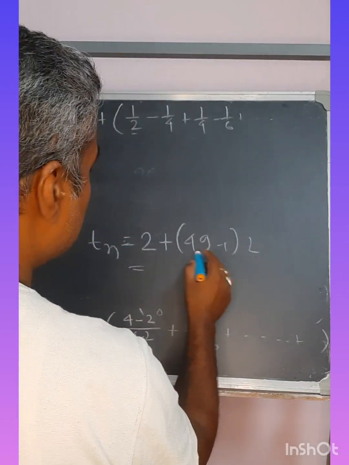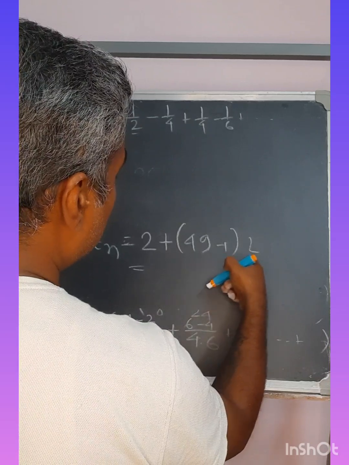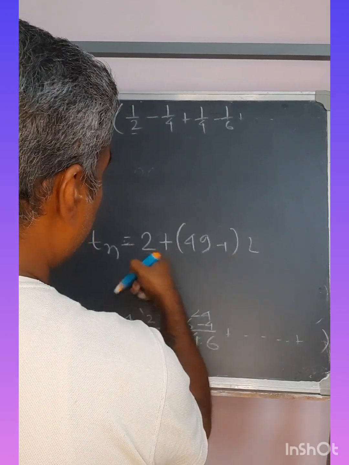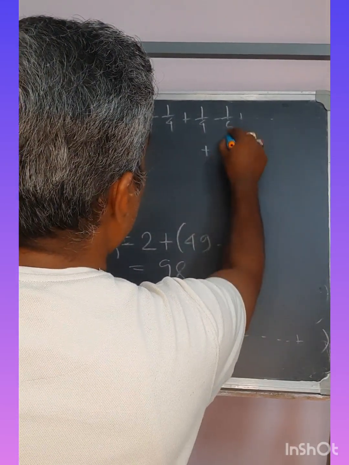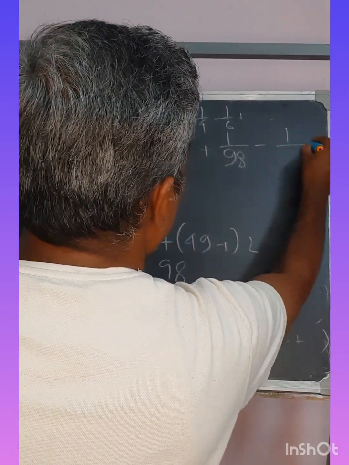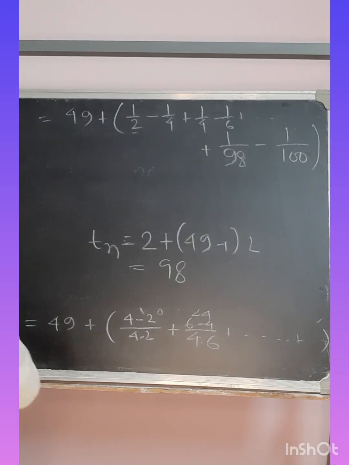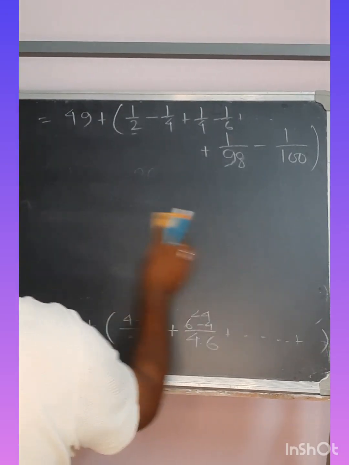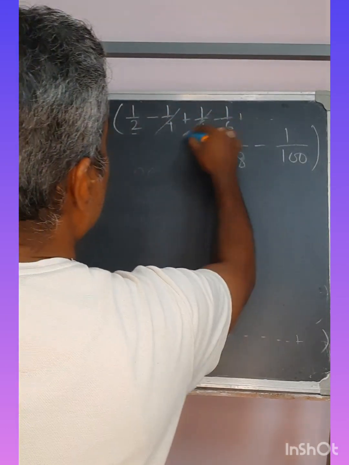So how much is that? 49 minus 1 is 48, 48 into 2 is 96, and 98. So this way, the last term I can write is 1 upon 98 minus, with a difference of 2, 1 upon 100. So it is very easy, no need to panic in the initial stage, rather I can calculate in the last step. Now you can cancel out the in-between terms.